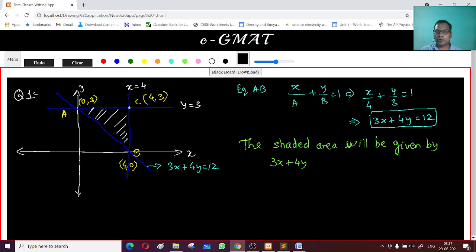Now if you choose any point and plug it in, this particular expression value will be more than 12. It is greater than or equal to 12, equality for the points on this line, right?